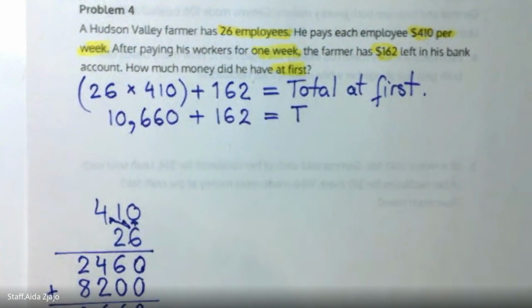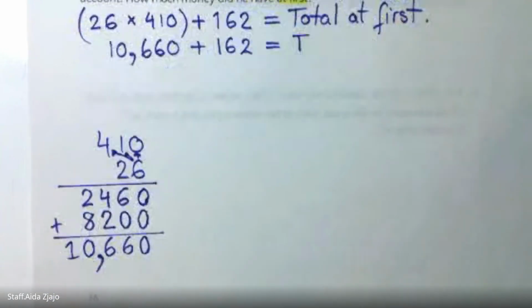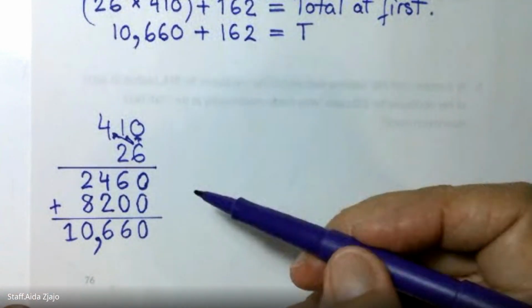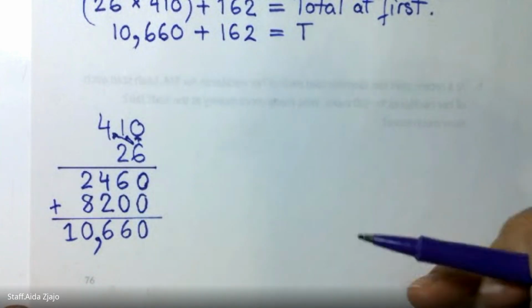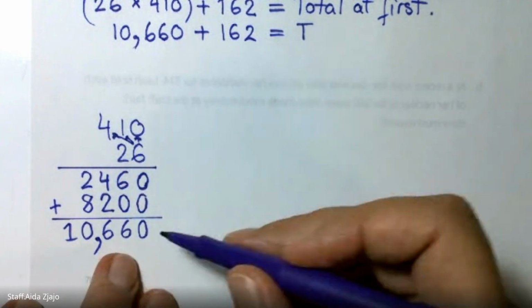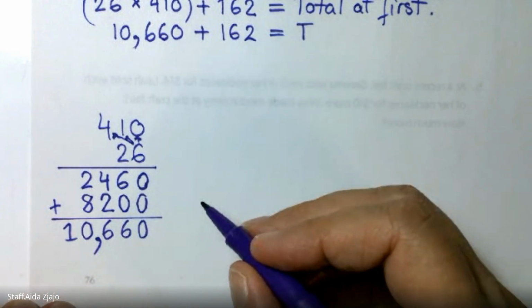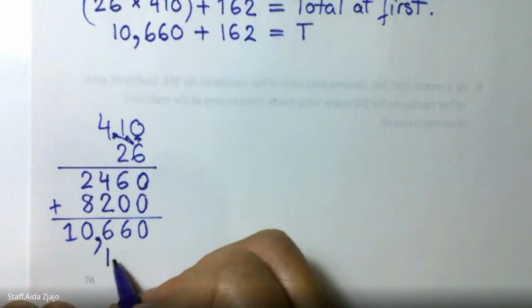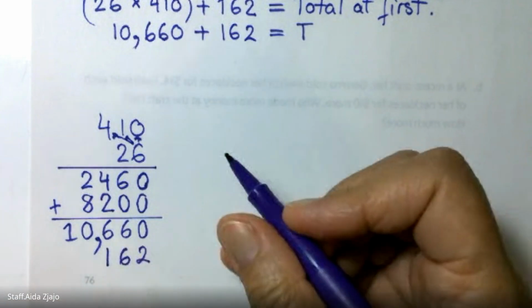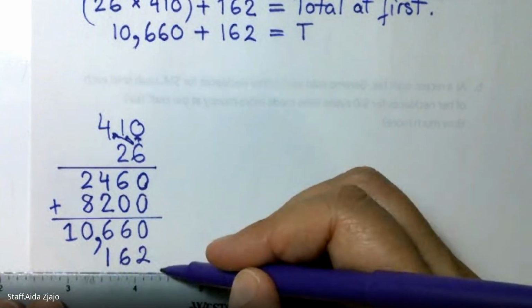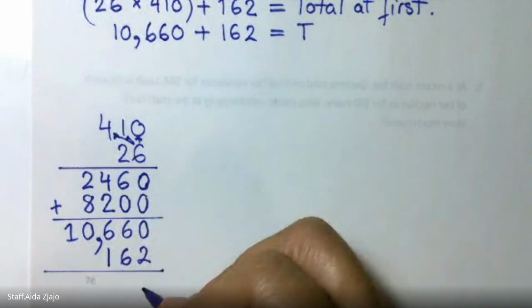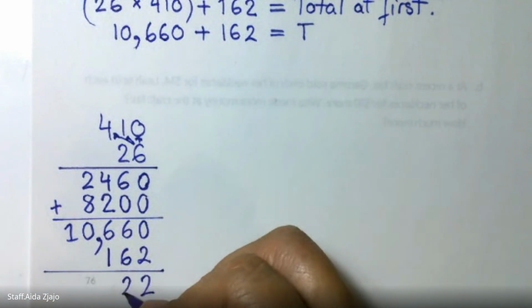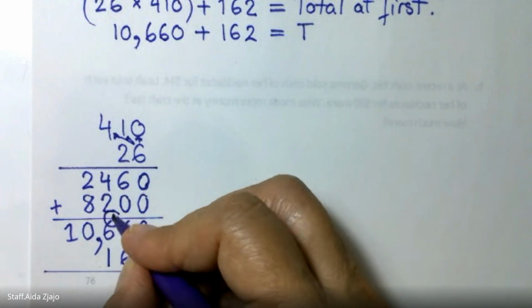Okay, now we have, oops, sorry if you didn't see this, but that's 10,660. Now add 162 to it. All right. So 2, 12, remember 1.